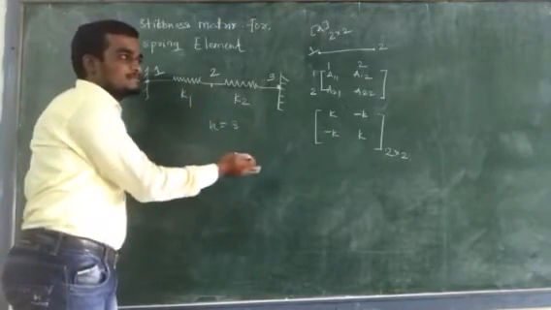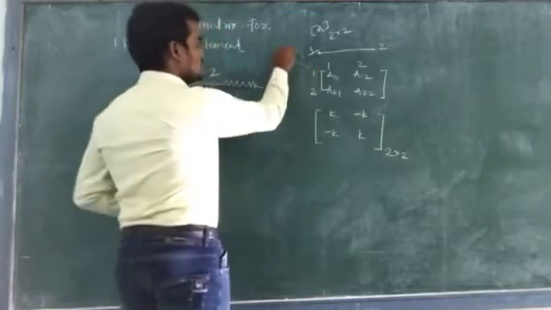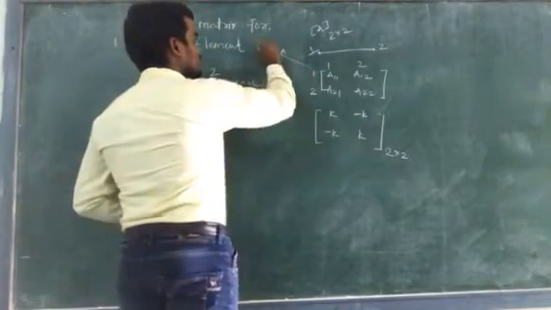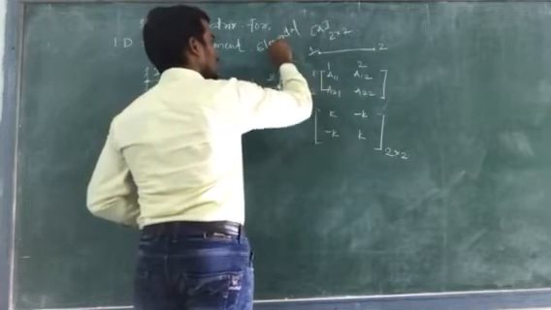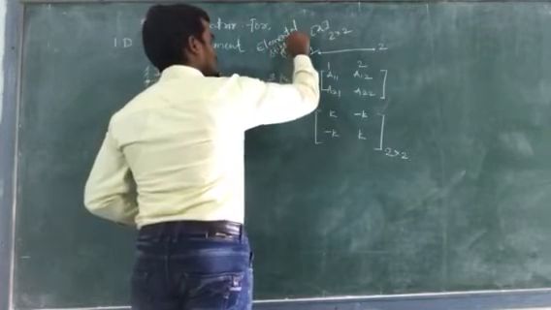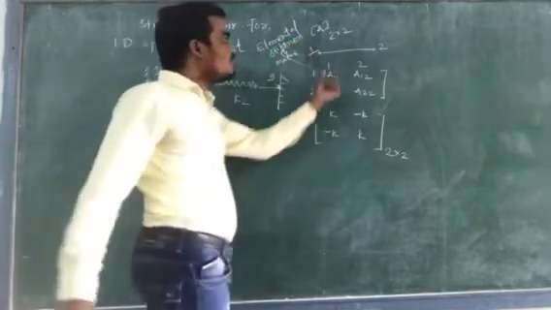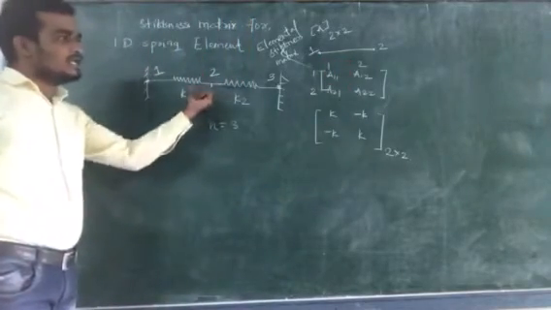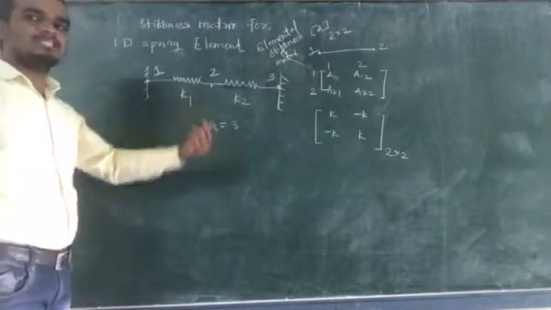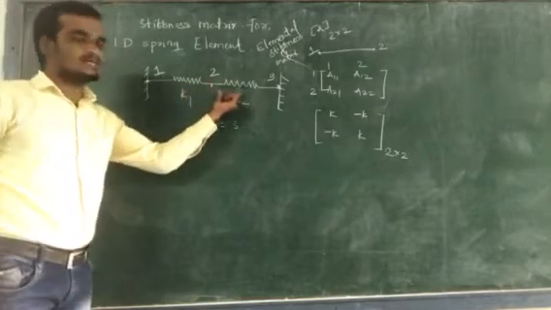Now the term global stiffness matrix. This is your elemental stiffness matrix for only 1 element. But for this case, we need to construct a global stiffness matrix by using elemental stiffness matrices.